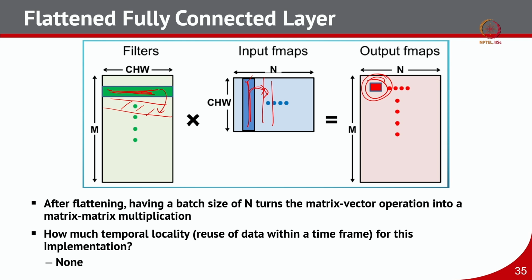So some multiplications, or some accesses to the filter or the input feature map, can get repeated. But when we perform this flattening, we are not using any temporal locality; there is no reuse of data within a time frame. This is just for your information right now; later we will see how this affects things.